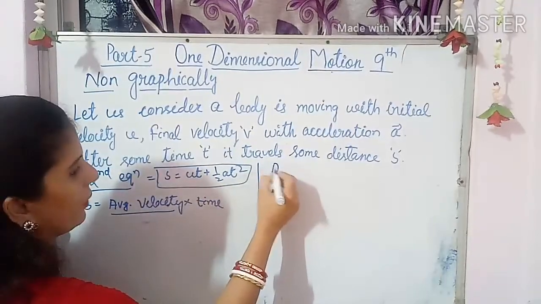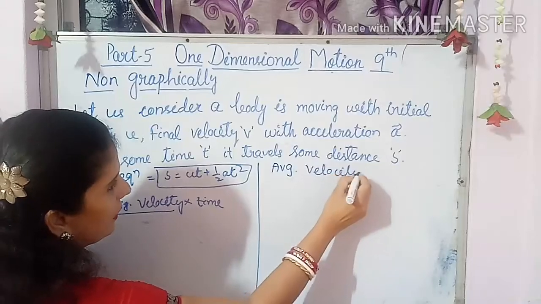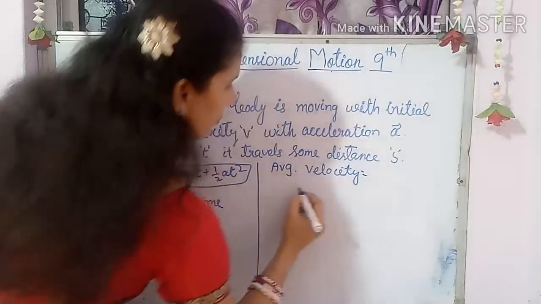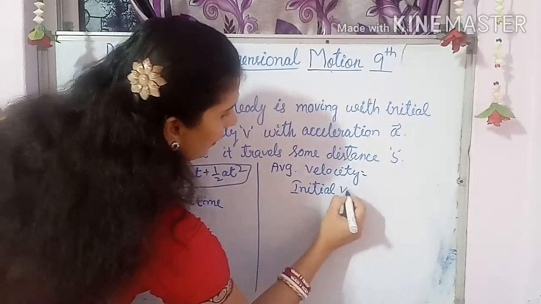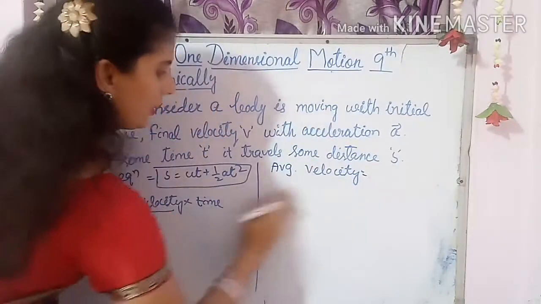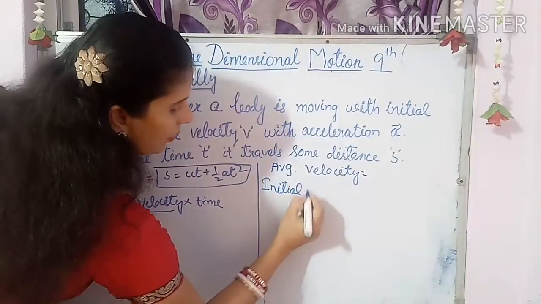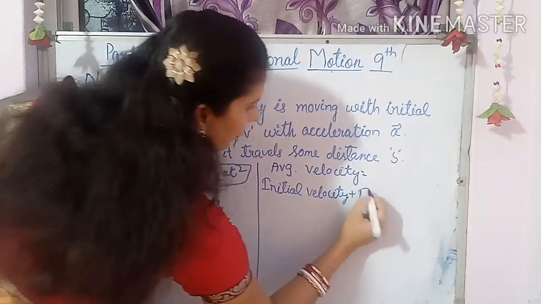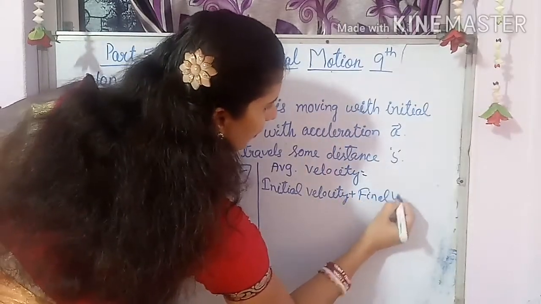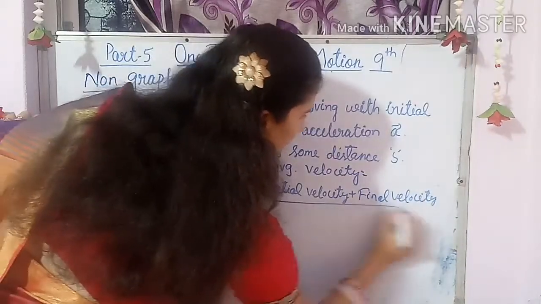So average velocity equal to initial velocity plus final velocity by 2.